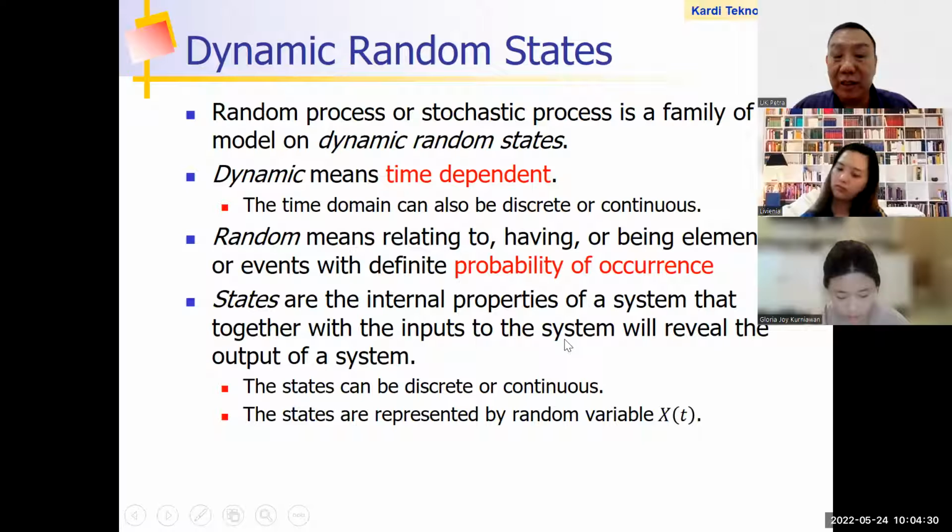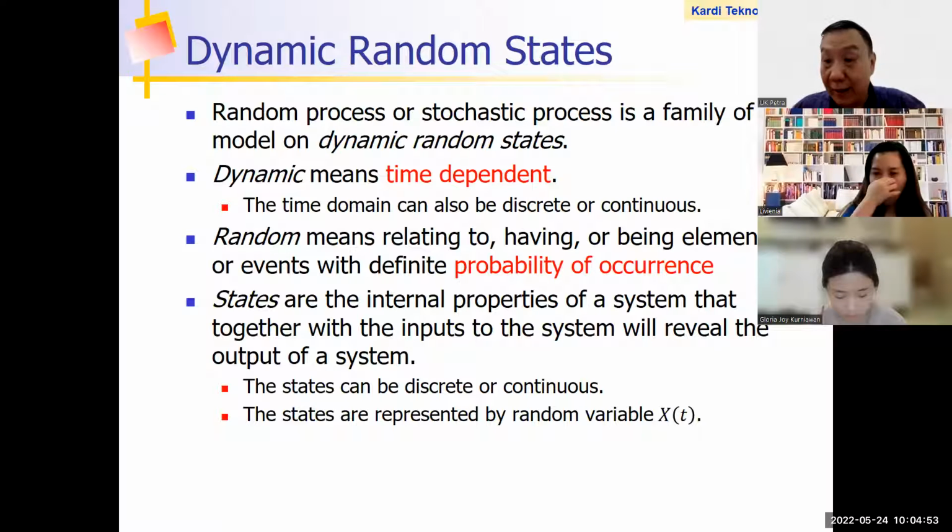And then when we said states, so yesterday we talked about it, right? It's an internal property of the system that together with the input of the system will reveal the output. Yeah? So the state can be discrete or continuous, and the states are represented by random variable. Okay. The number of states itself are discrete.